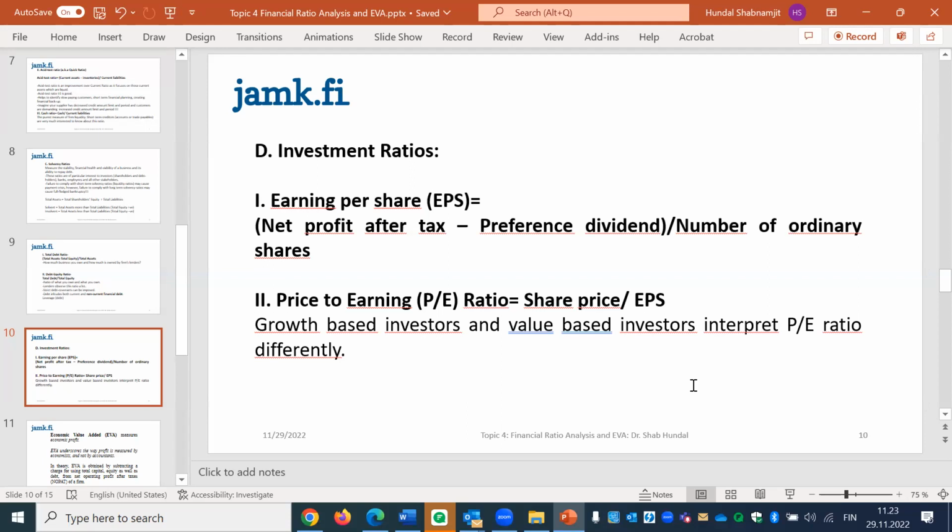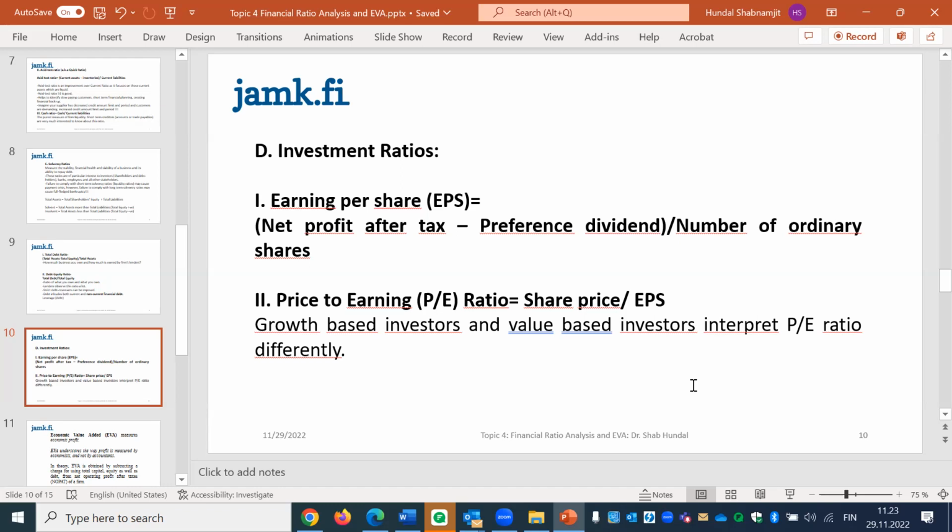If your company's share price is increasing for the given E, it shows that your company is performing well in the stock market, which is a good sign. If your stock prices are going up for the given earnings per share you are offering to investors, it shows that people trust you, people believe you.